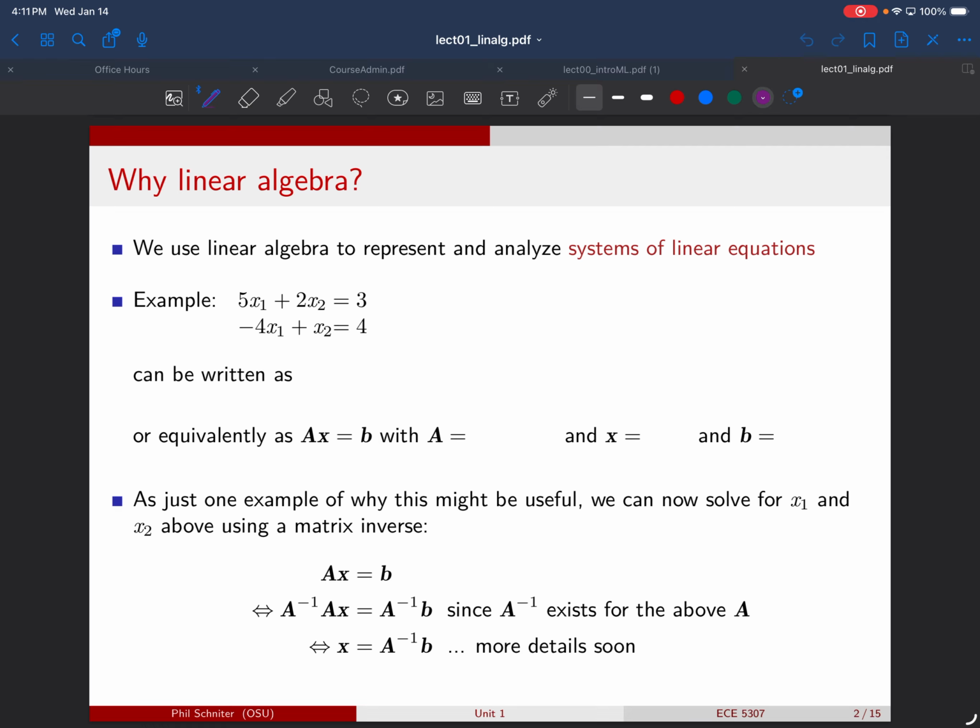We can rewrite this if we want as a matrix with the coefficients 5, 2, minus 4, 1 times a vector x1, x2 equals a vector 3, 4.